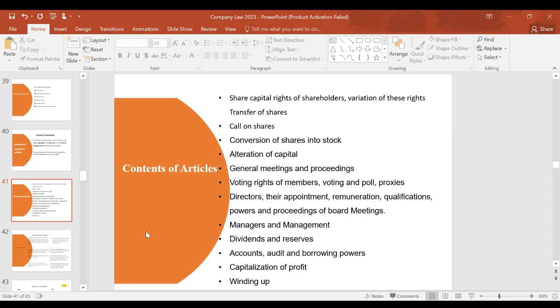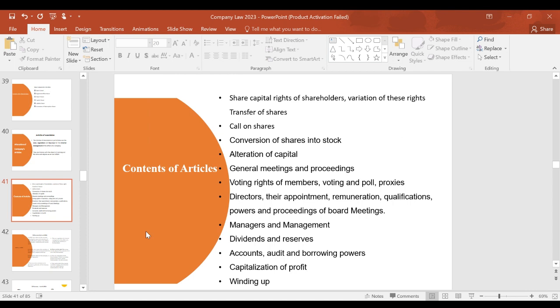Now, other than this, we also have the issue of dividends, how dividends can be divided between the members. It's also captured within the Articles of Association.